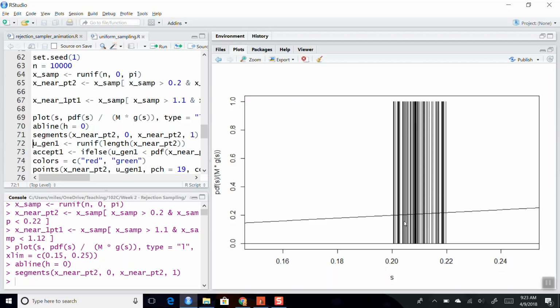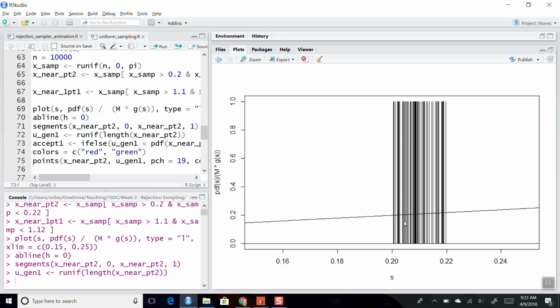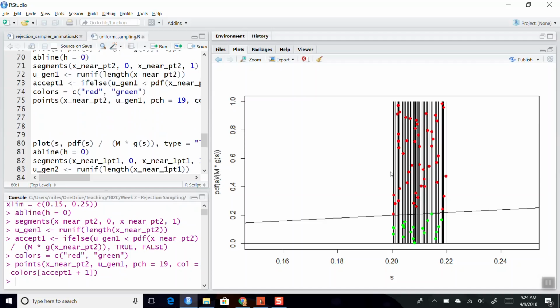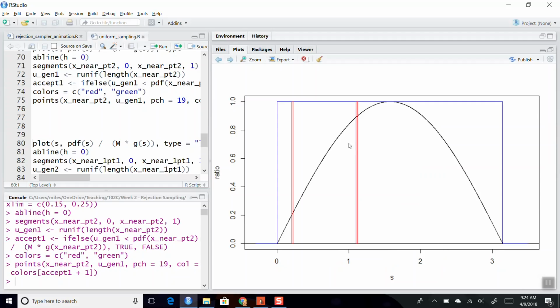And here we're going to sample values between 0 and 1, and some of them end up below the PDF, and some end up above the PDF, and so I only end up accepting a few of these values. If I go back to this plot, now let's take a look at 1.1. I'll zoom in right here, and the PDF will be close to the top here.